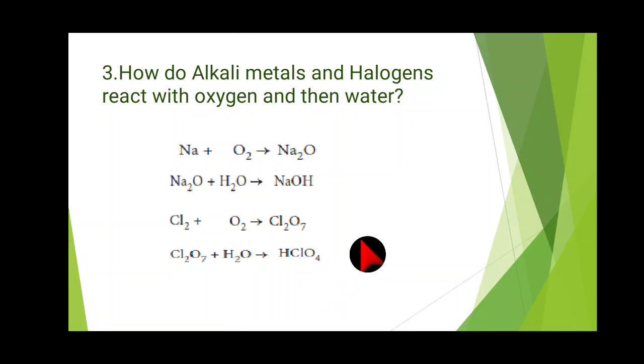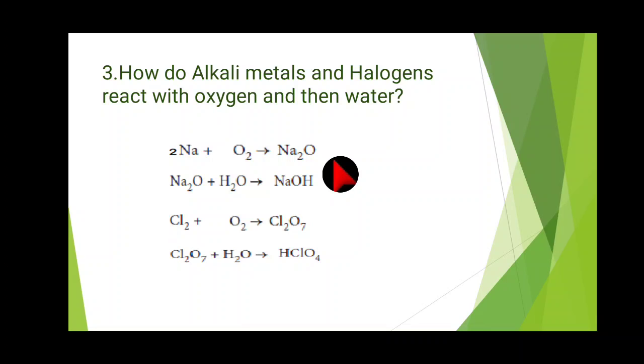Now, look at the equation. Is it balanced? No. In the first equation, left side Na 1, right side 2. Left side oxygen 2, right side 1. So how to balance? On the left side we put 2 Na.